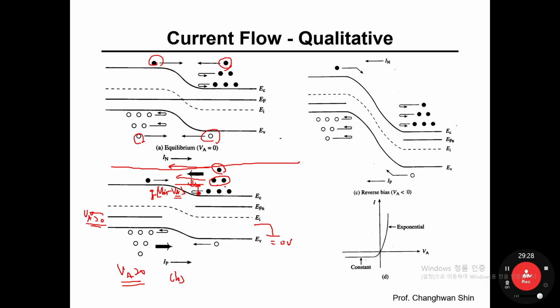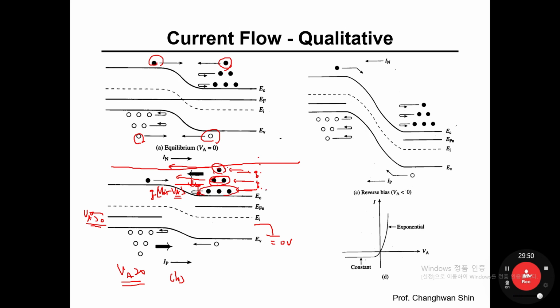But here I said many, but not really many. Think about how many electrons are available depending on the energy level. Energy difference is linearly increasing, but for a given energy state, the number of electrons is exponentially increasing.